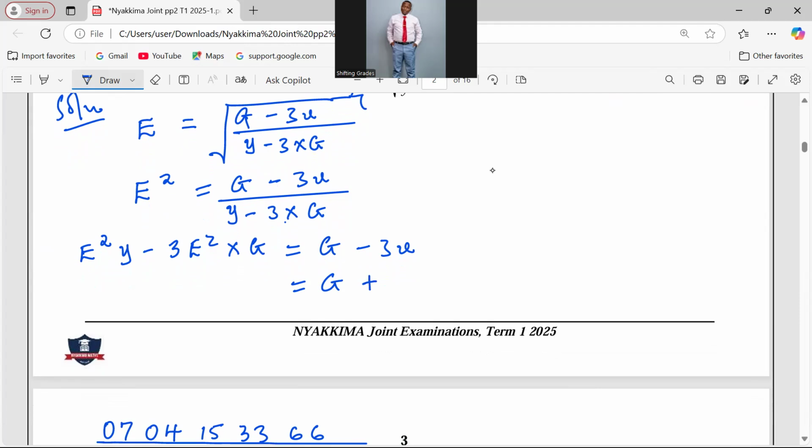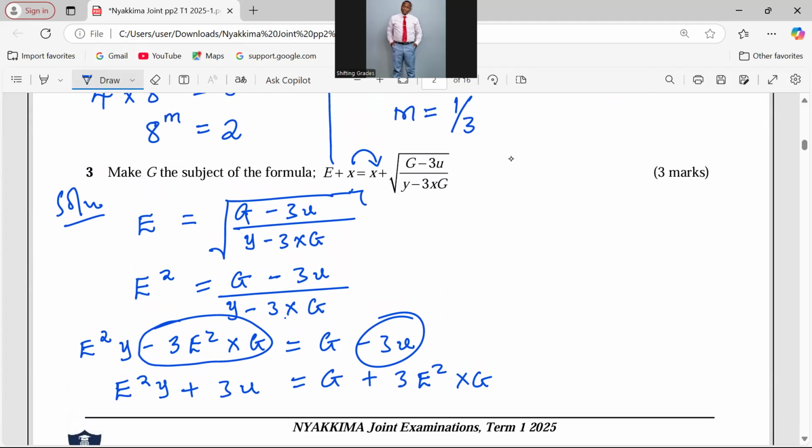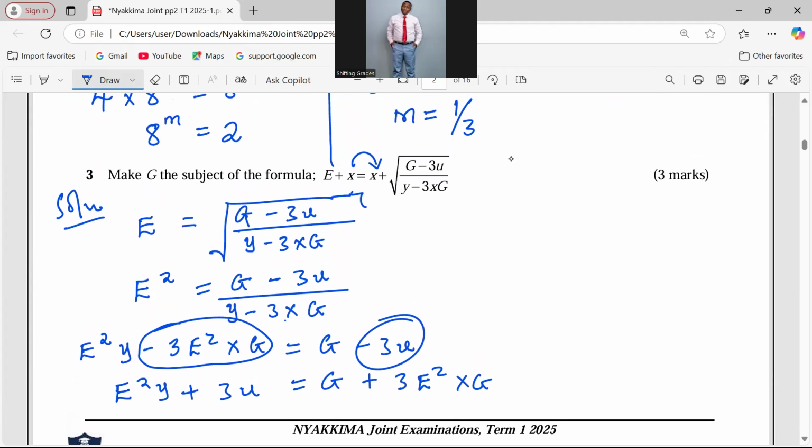Then I add 3 e squared x g, then negative 3 letter u will be brought to the left. That way. So this one I'm taking to the left, but the whole of this I'm taking to the right. So I've done that interchange.